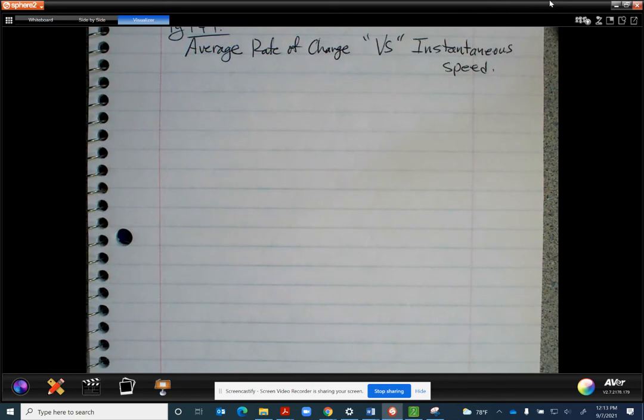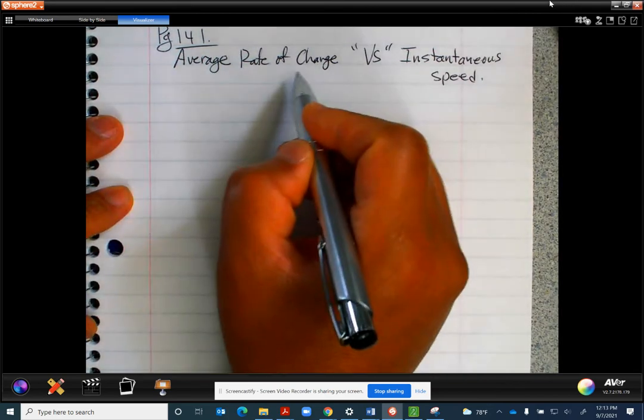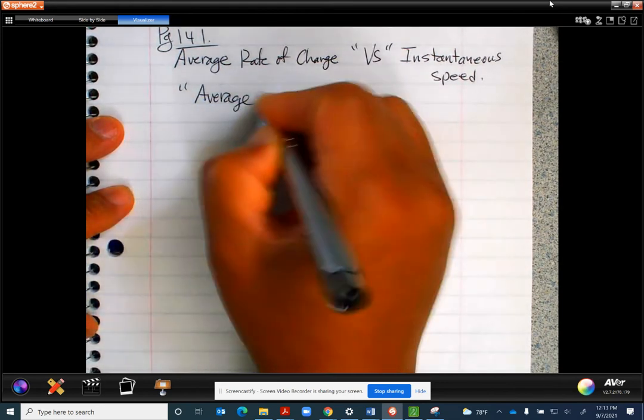All right, so there's a slight difference between average rate of change and instantaneous. Instant, for an instant, right? So average rate of change, we're going to call it average velocity.